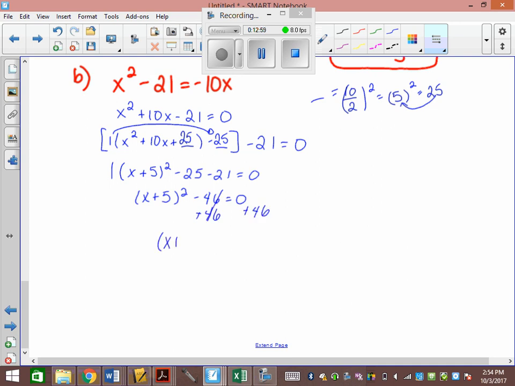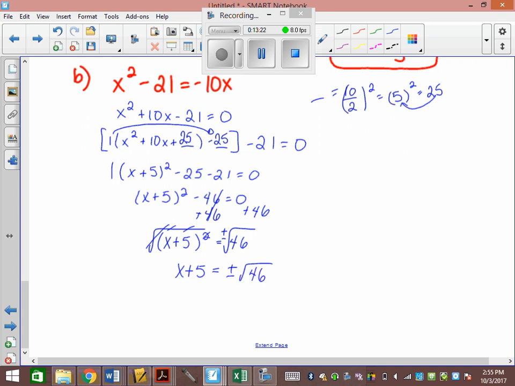So I get (x + 5)² = 46. Take the square root. When I take the square root, I have to remember the positive and minus. And I get x + 5 = ± √46.